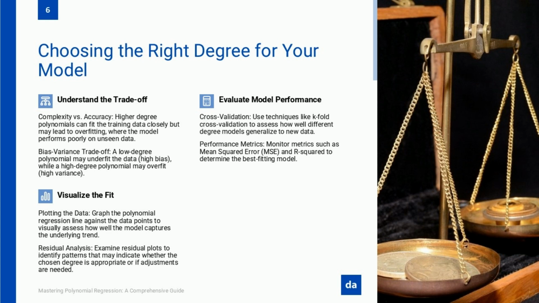R-squared measures the proportion of variance explained by the model, with values closer to 1 indicating a better fit. While a higher R-squared value is generally preferred, an extremely high value might indicate overfitting if the model has too many degrees of freedom. Visualizing the model's fit can also provide insight into whether the chosen degree is appropriate.